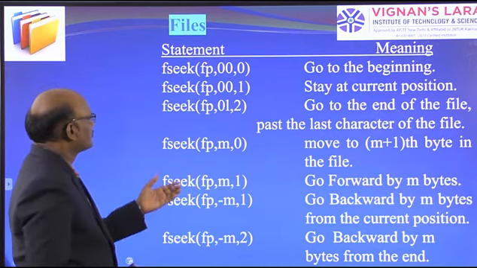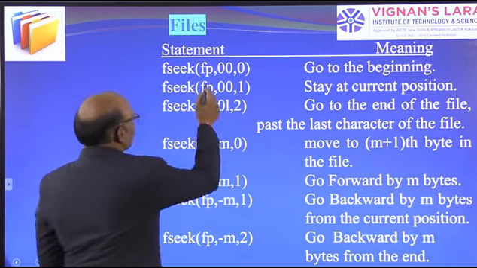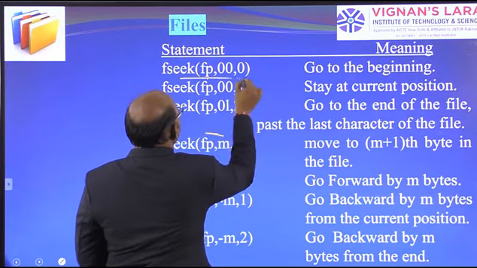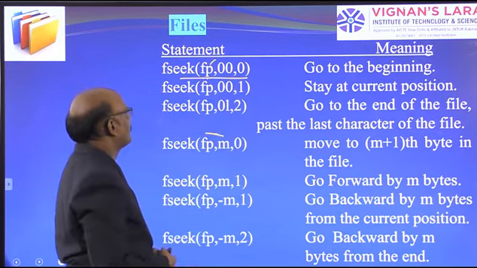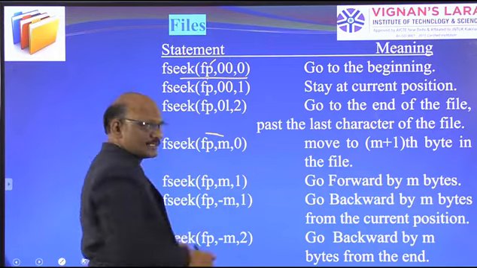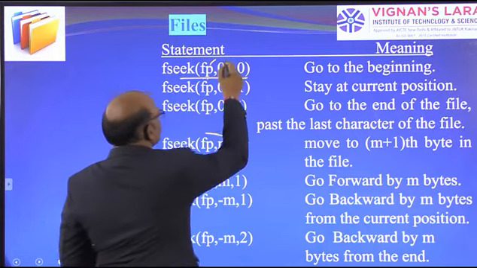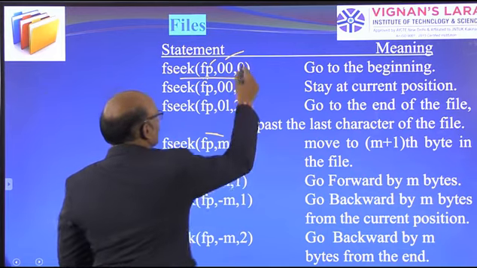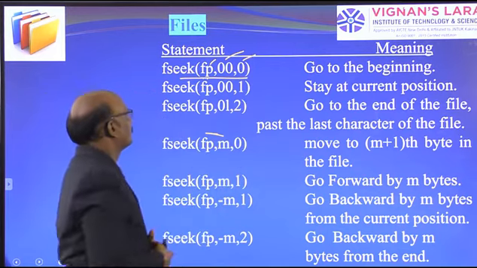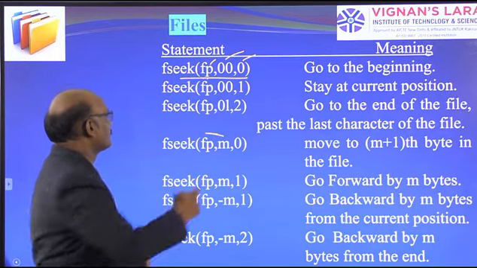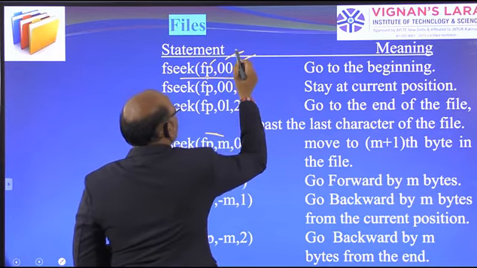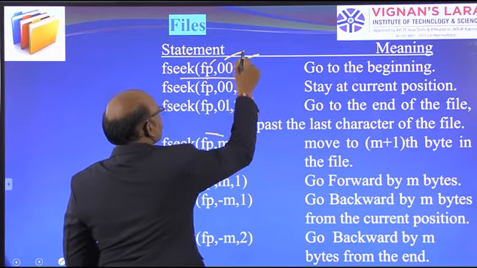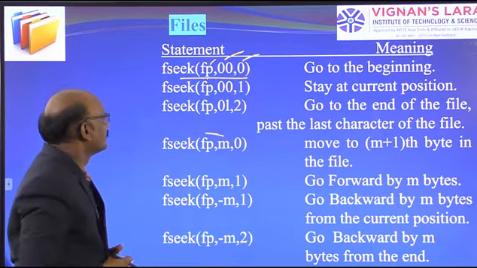Here are some examples. fseek(fp, 0, 0): fp is the file pointer associated with the file. The last 0 means from the beginning position, and the first 0 is the number of bytes to be moved from the beginning.